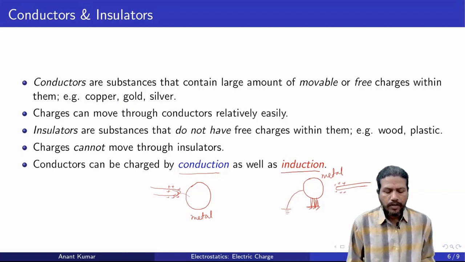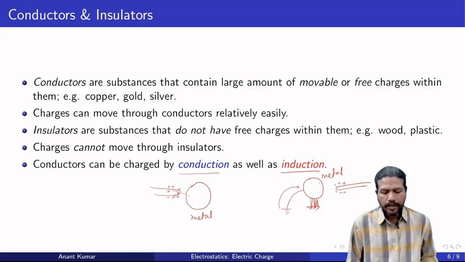Now what will happen over here is that the charged glass rod will attract some negative charges towards it, and there are a lot of free charges, they can move around easily, while the residual positive charges flow down to the earth. Technically, what happens is that charge comes from the earth to the metal sphere.